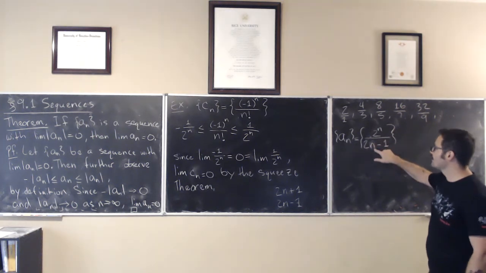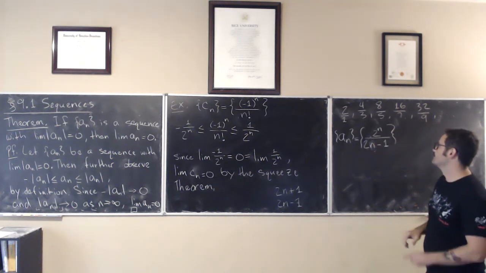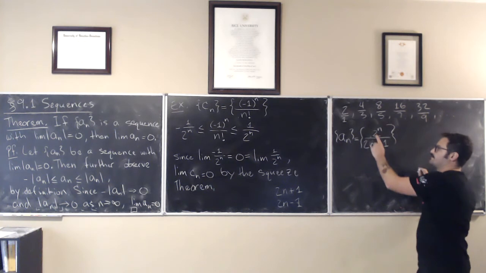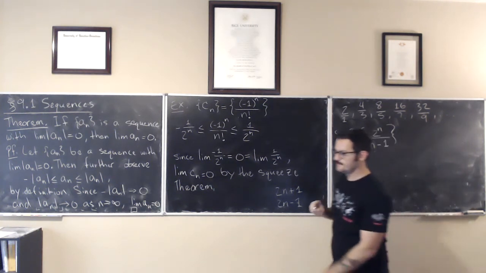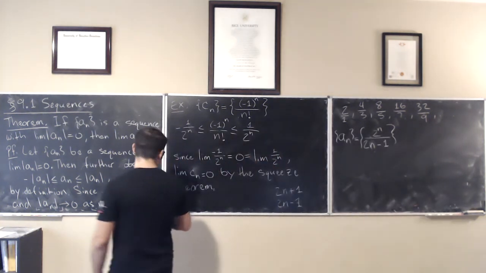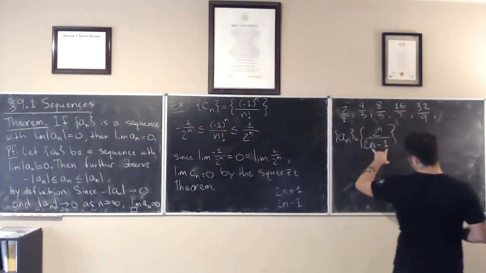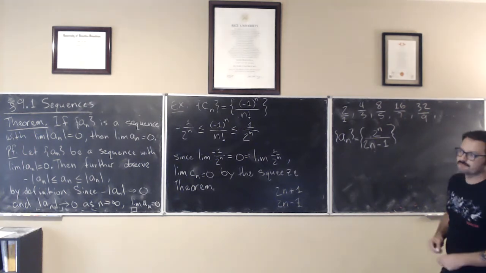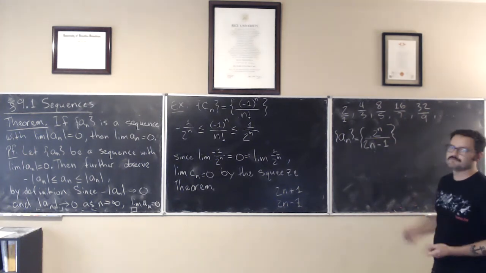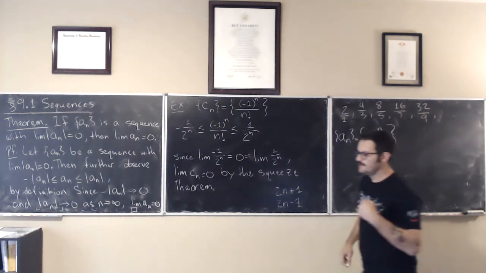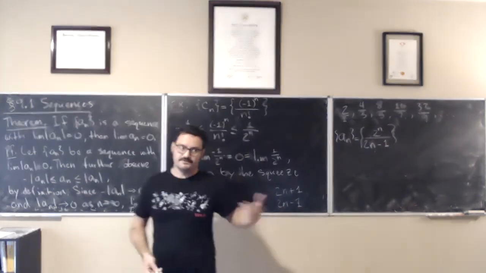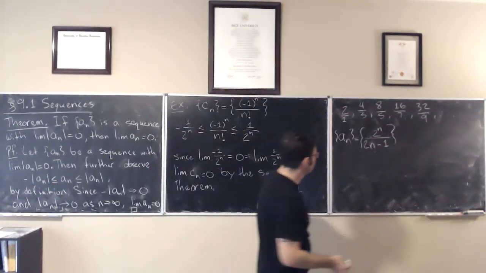Because it's 2 times n, right? This numerator is going to grow much faster than that denominator. Because the numerator is going to outpace the growth of the denominator, which we can measure by taking the derivative of the top and the bottom, basically L'Hôpital's rule, I bet you it's going to diverge. It's not going to converge.